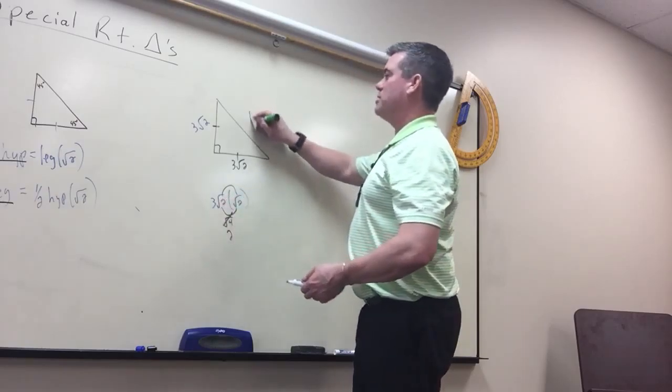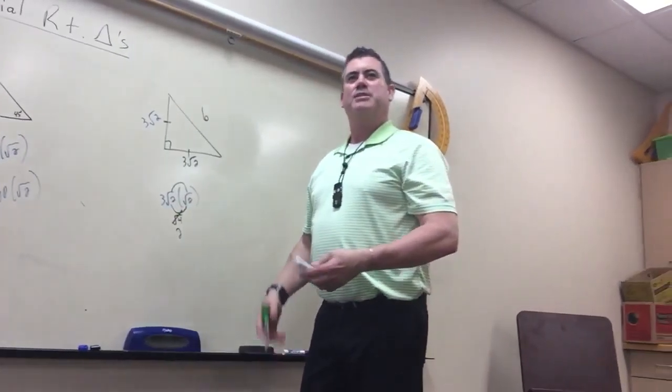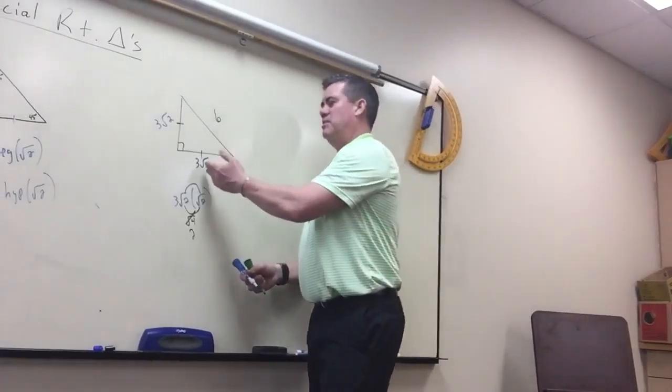So 3 times 2 is 6. So it's just doing the rule backwards.